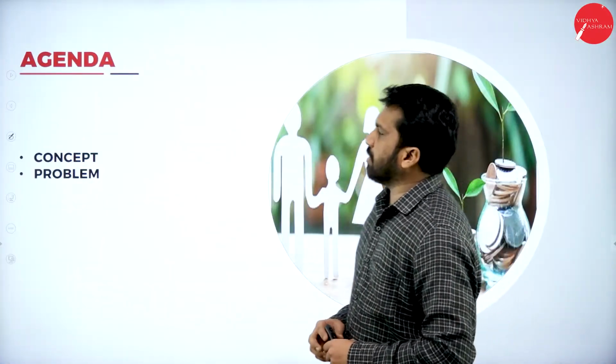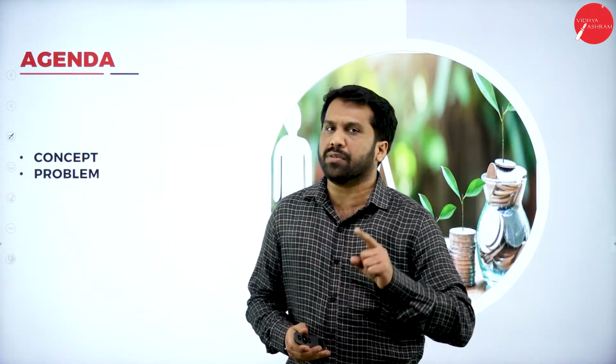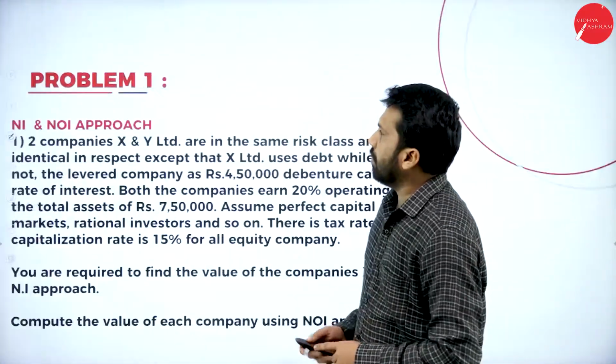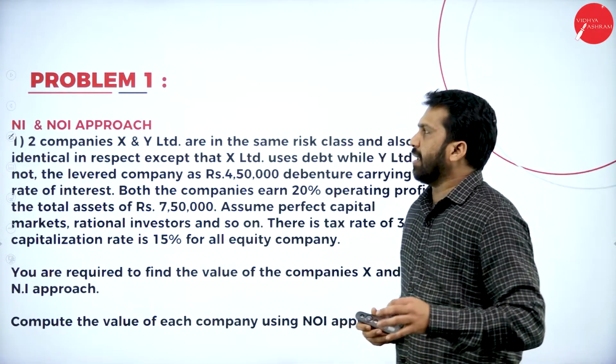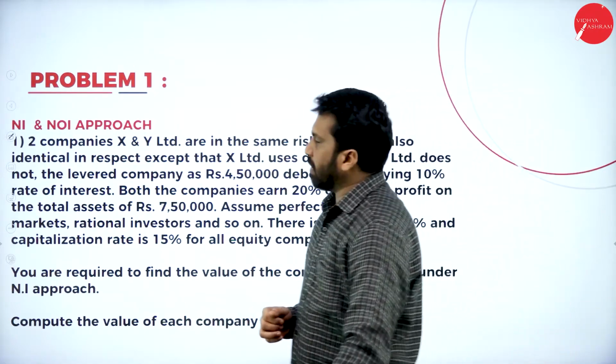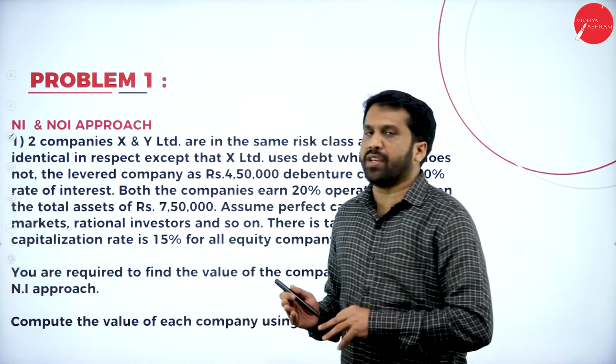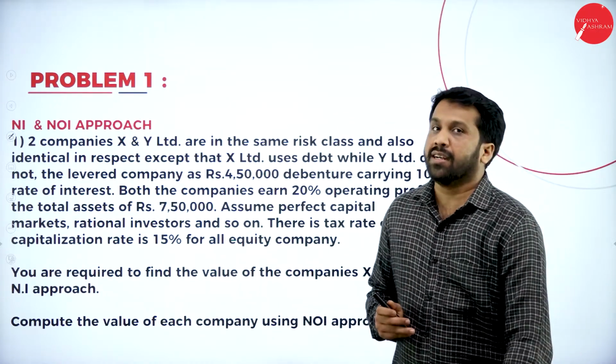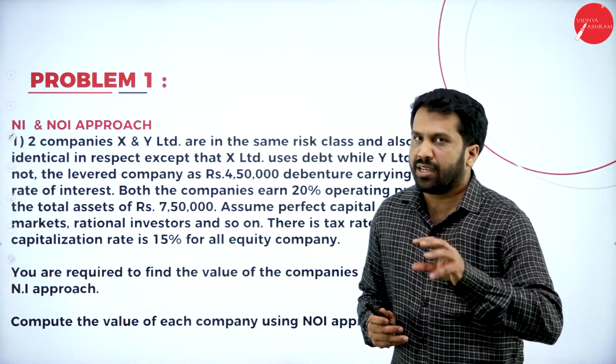The agenda is very simple. We'll go with concept, along with the problem. Your problem number 1, NI and NOI approach. Now, two companies X and Y. Before we get into the problem, we'll understand the concept. We'll understand the question.